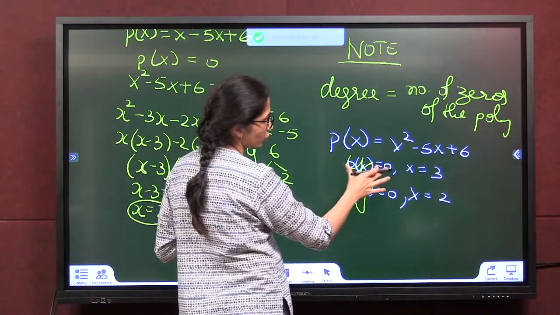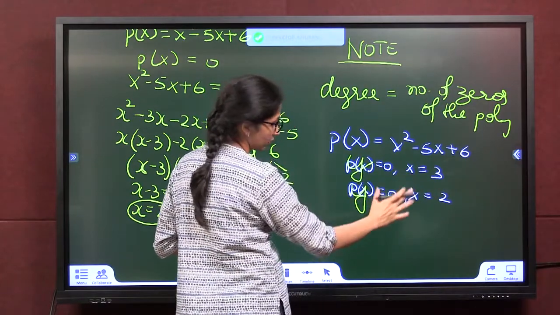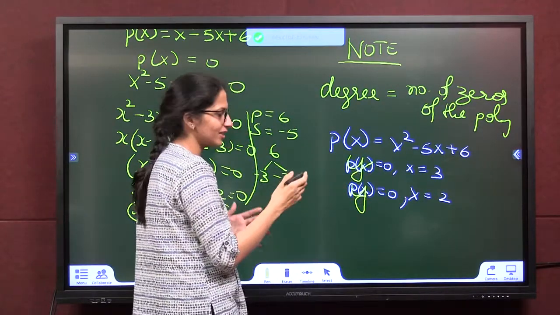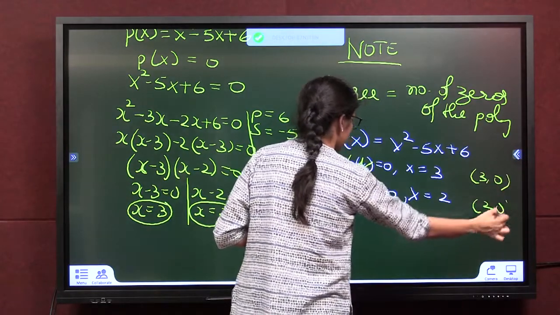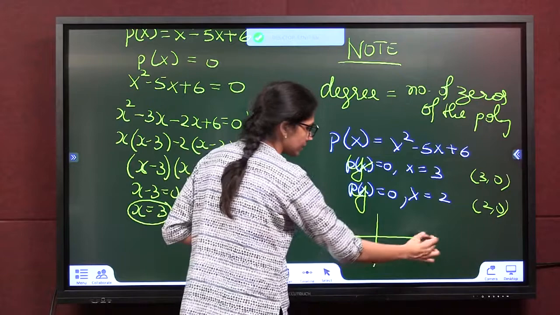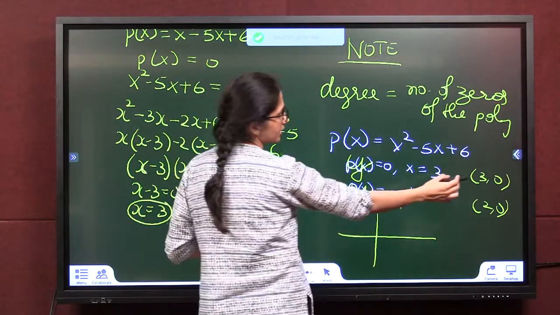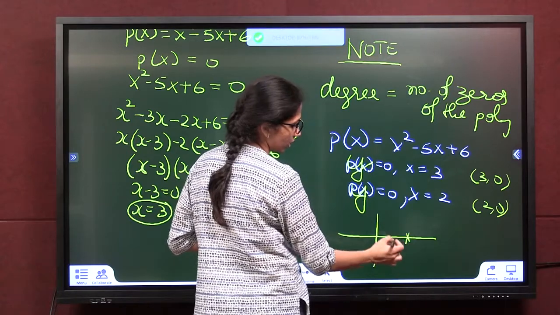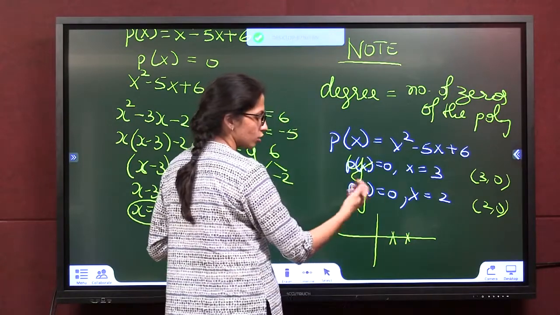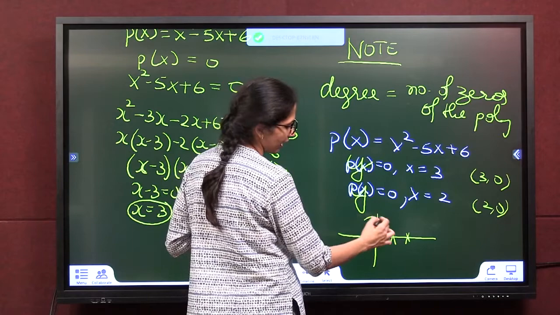So now you get 1 point (3, 0). Write the x first, and (2, 0). Draw it on the graph. See here, (3, 0) and (2, 0). (3, 0) here, (2, 0) here. So if you draw a graph, your polynomial will have a different curve.